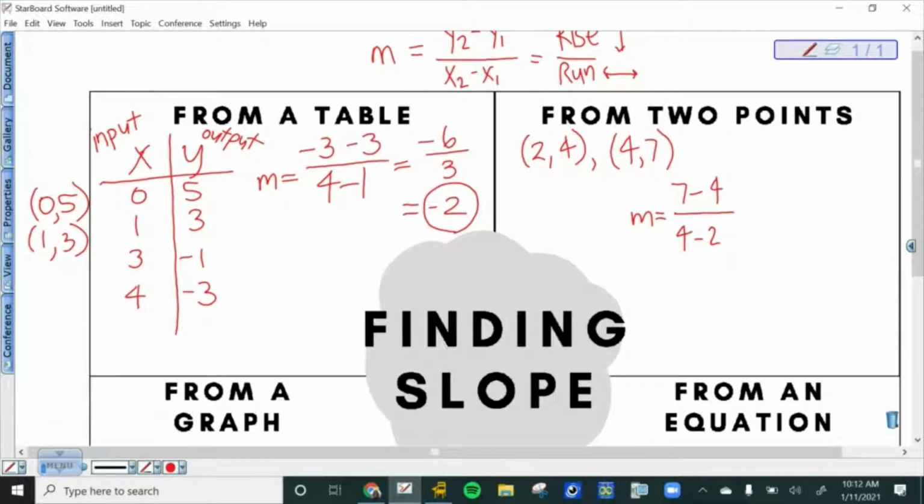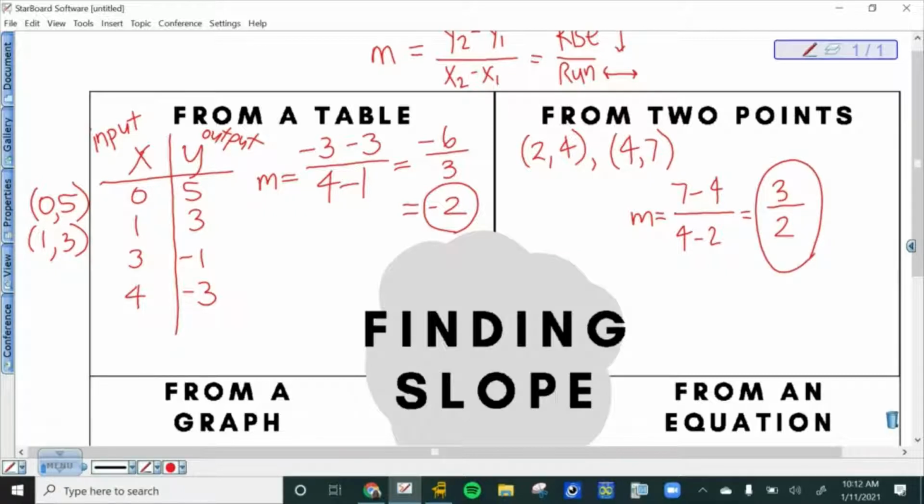Do you all see where those numbers are coming from? Okay. So in the numerator, what's 7 minus 4? 3. There you go. And in the denominator, 4 minus 2? 2. Is this in simplest form? Yeah, it is. 3 over 2.